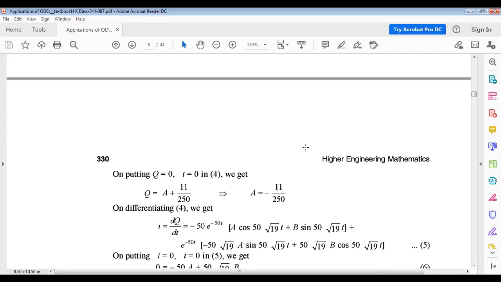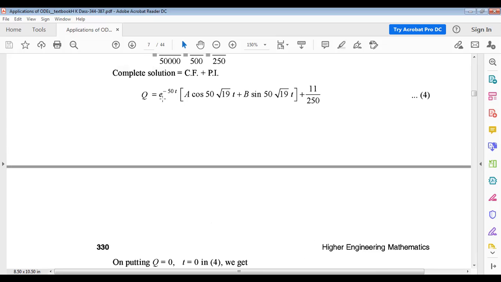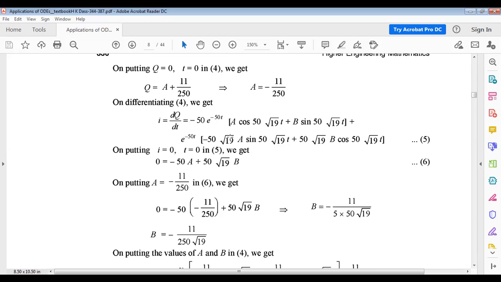That means the uv formula, u into differentiation of v plus v into differentiation of u. We are applying this. So b into differentiation of u. Differentiation of cos gives a minus sign, multiplying with the coefficient of t, which is 50 root over 19.